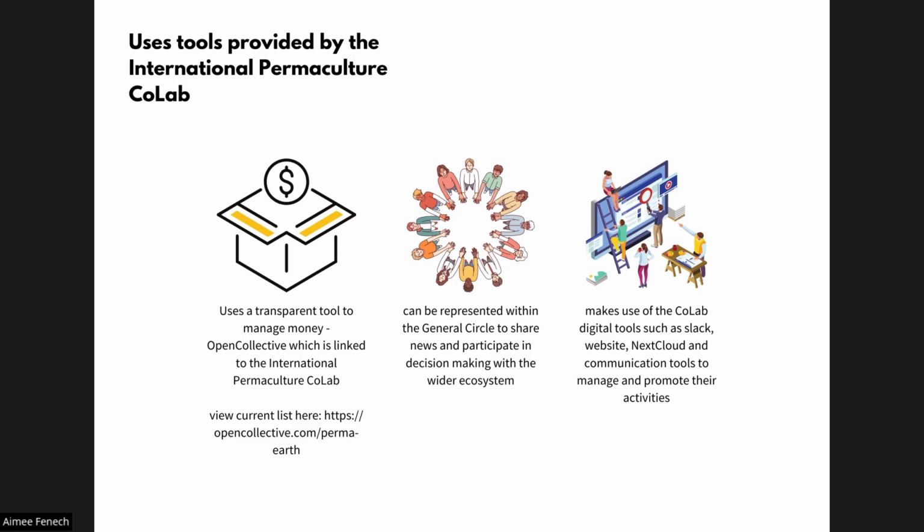The terms are at the moment 5% of every incoming amount, so 5% of every invoice goes towards the fiscal host costs. And then the micro-enterprises can issue invoices in the name of their micro-enterprise. For example, if it's the Digital Circle services, it can issue invoices from the Digital Circle services.